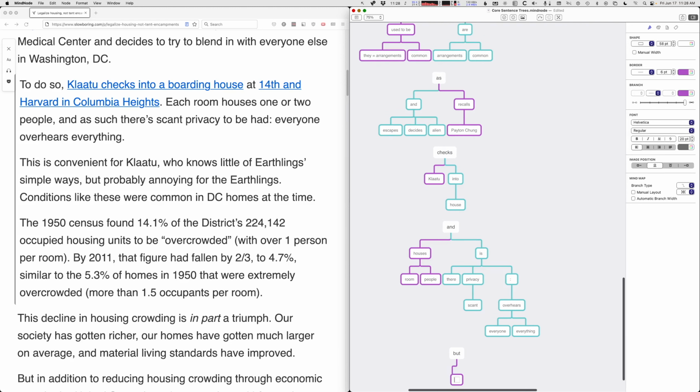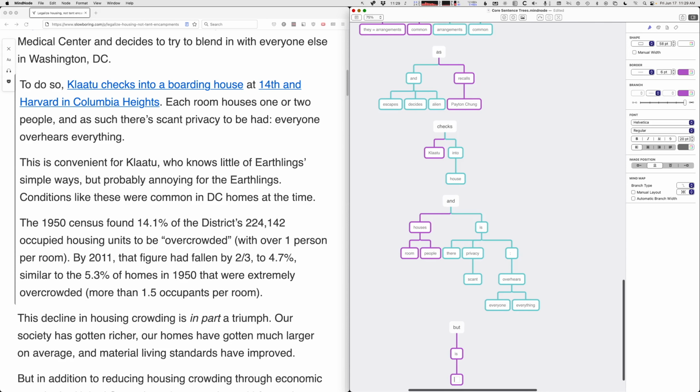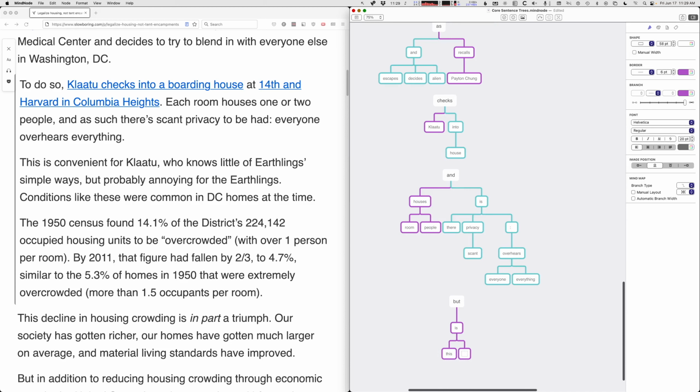Then we've got two different more main clauses. There is. There's our verb. Subject is this. And convenient is the complement. So it's convenient for Klaatu, but probably annoying for Earthlings.